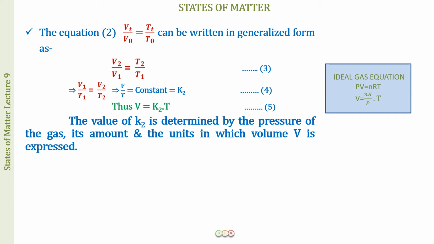Right? So now what we can do is redefine the Charles law according to the equation number 5 that we have. So what we have is that V is equal to K2 into T, which means that V is going to be directly proportional to T, where T is the absolute temperature, right?